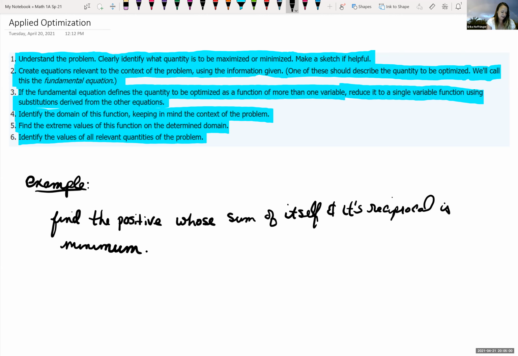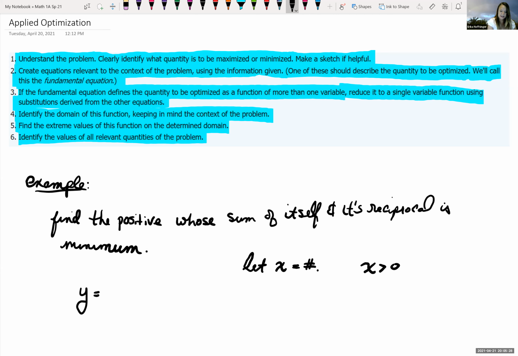Okay, so let's think about this. We are trying to optimize that. If we let x equal the number we're talking about, we know that x has to be greater than 0. And we're looking at minimizing, let's call it y.